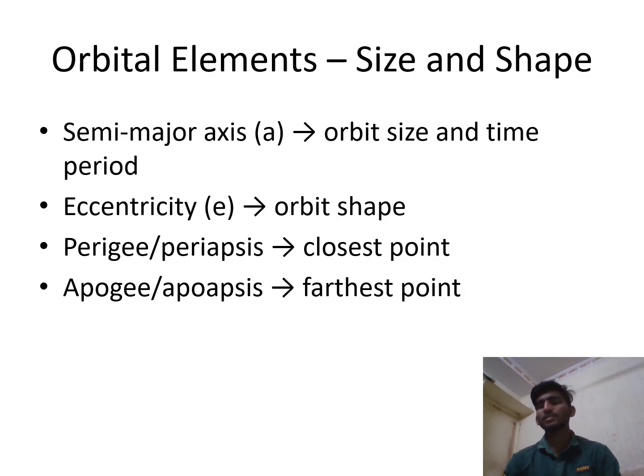Eccentricity in the ellipse defines the orbital shape. Perigee is the shortest distance, the closest point from Earth to the satellite, whereas apogee is the longest distance from the satellite.